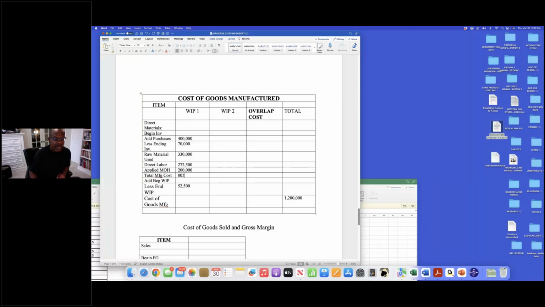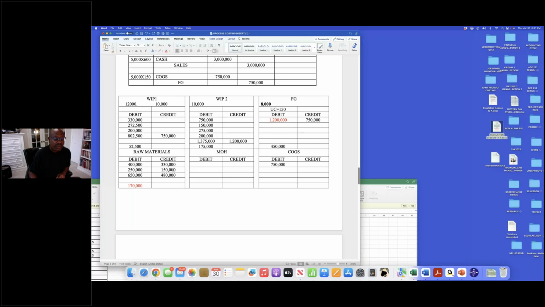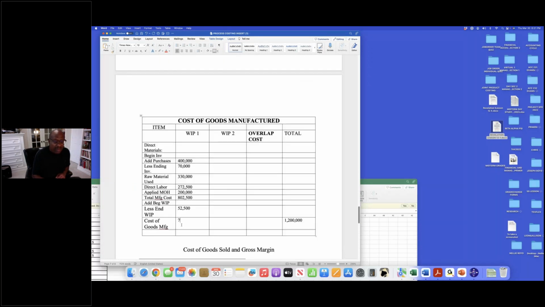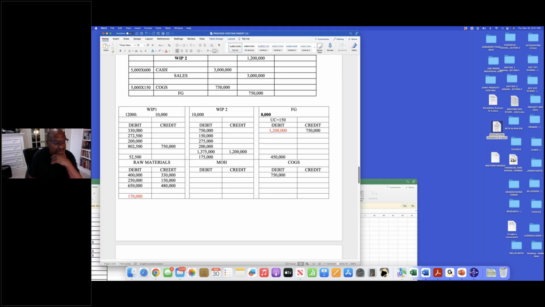And so the cost of goods manufactured in work in process one is going to be the cost we transferred over, which is the 750,000. Got it? Does everybody see where the numbers came from for work in process one? We simply go to the work in process one T account and get these numbers: 330, 272,500, 200, 802,500. Subtract the ending work in process, and we get that 750 that went over here.